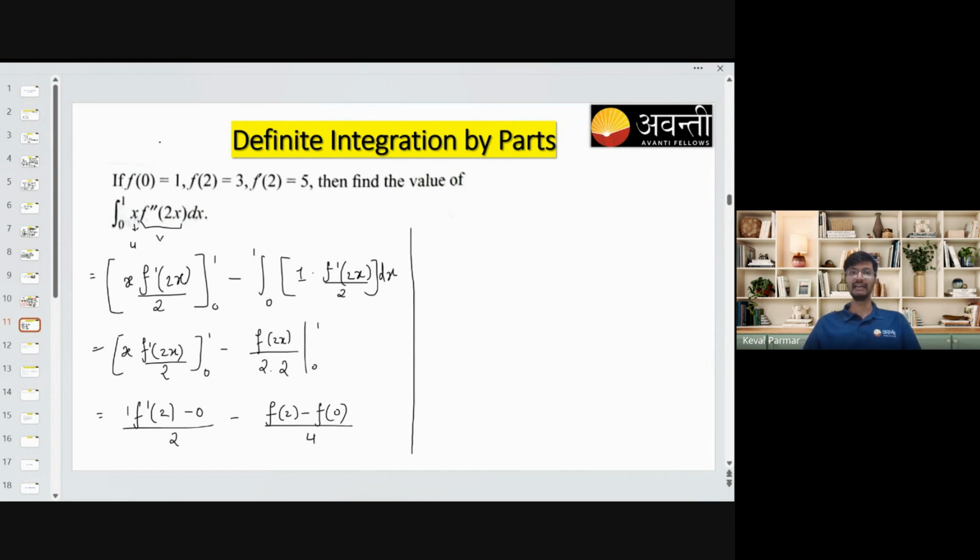Now we have all these values. Let us substitute it. So what we'll get? 5 upon 2 minus 3 minus 1 by 4. So we got 10 by 4. I took LCM minus 2 by 4, which is 8 by 4, which is 2. So our answer is 2.